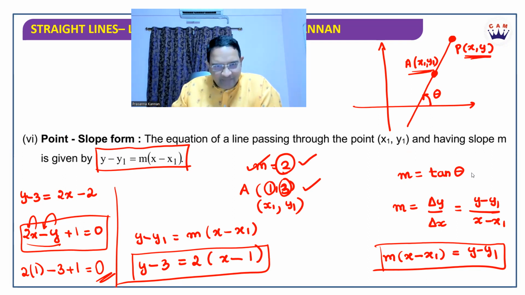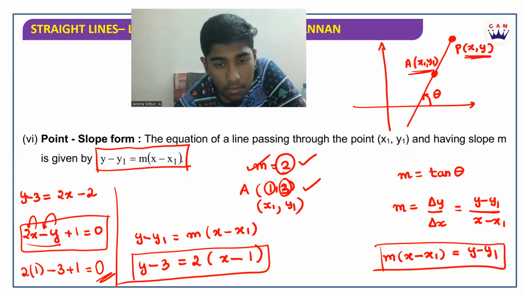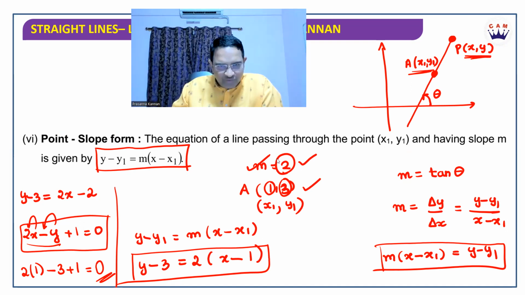Slope is tan theta, right? When I say theta is 45, what is tan 45? 1, sir. So slope is 1, that's all. So I need not give you a number, I can even give the angle. You should be able to compute the slope yourself. Clear?